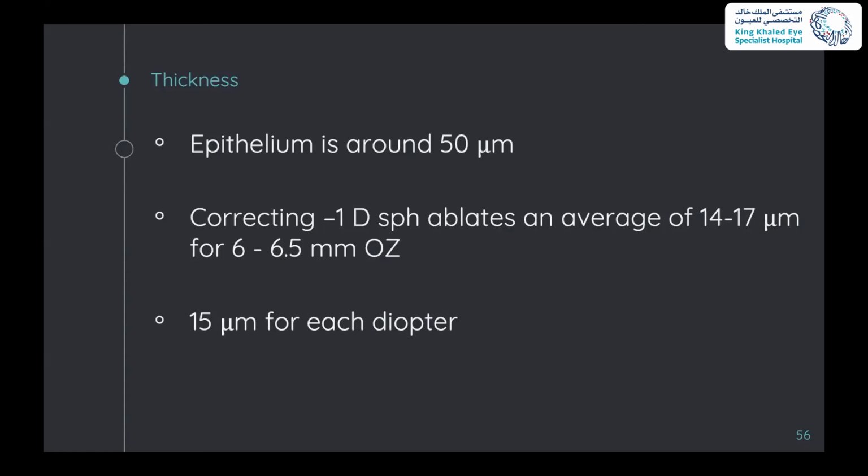Generally speaking, whenever you're correcting one diopter of sphere, it takes around 14 to 17 microns. This specifically is related to the optical zone. Just for the sake of evaluation, you can use an average of 15 microns for each diopter to give you an idea about the thickness and the remaining thickness.